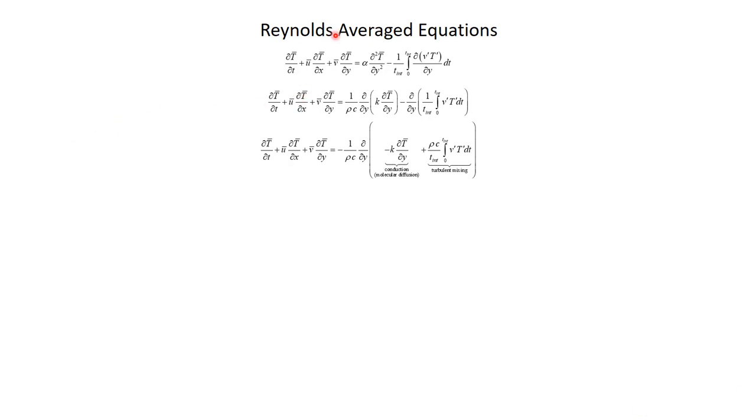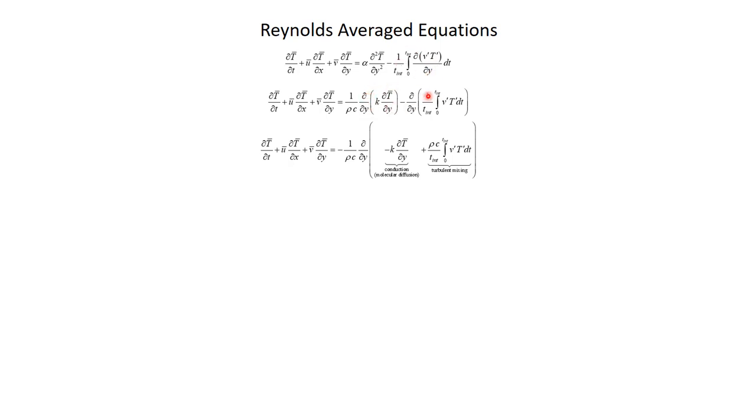So you'll notice that, again, I have this conduction term, so transport of energy by molecular diffusion, and then I have this new term, which is transport of energy by turbulent eddies. They both have a ddy in them, so it becomes possible to sort of put them on equal footing, I guess. So here I've just sort of expanded alpha as k over rho c, and said that the second derivative is ddy of dT dy.